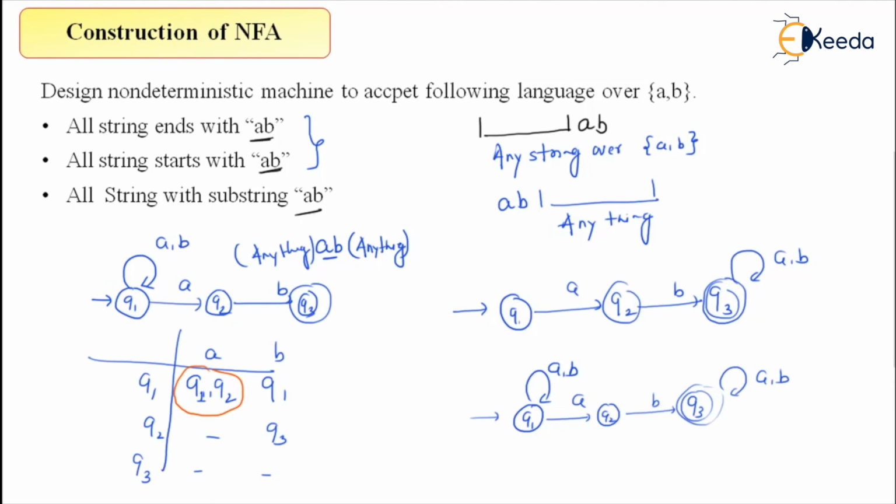Now let me label them: this machine is ends with AB, this machine starts with AB, and this one is substring AB.